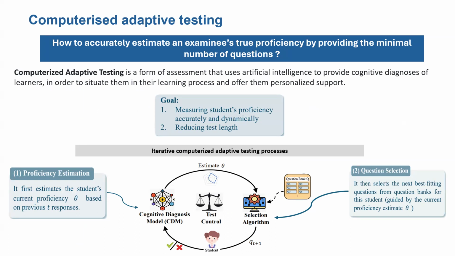The CAT system is split into two main components that take turns at each test step. The cognitive diagnostic model, acting as the user model, first uses the student's previous responses to estimate their current proficiency based on cognitive science or psychometrics.